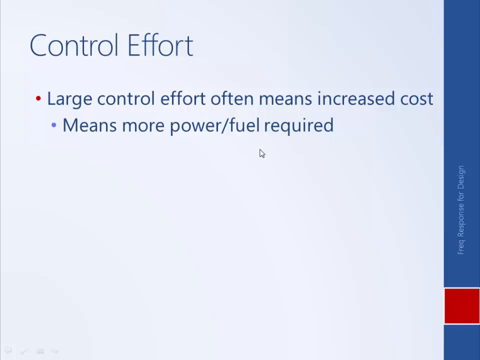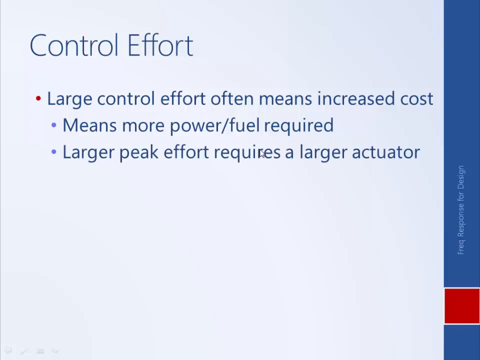That fuel, that electricity costs money in a sense. So requiring more control effort means that the operation of that controller costs more money. If we require a large peak control effort, then we also need a larger actuator, a larger engine, a larger motor, which also corresponds to higher cost.